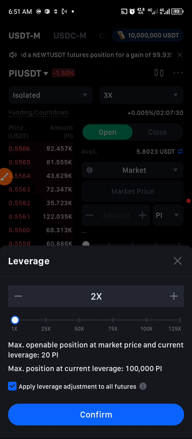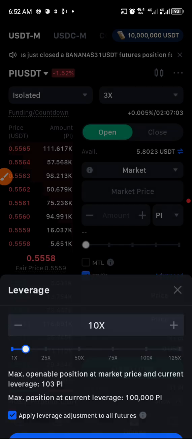If you use 4x, that will be 10 times 4, so it will be showing you are using 40 USDT. If you use 10x, that means your 10 USDT will be showing that you are trading with 100 USDT because you are using 10x.